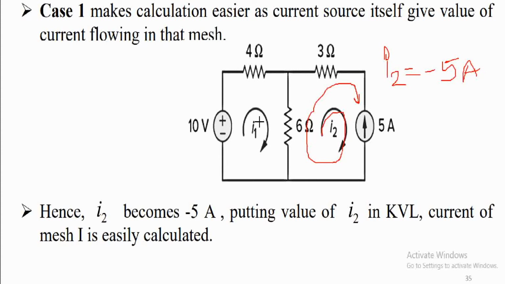And how to find I1? Here it requires KVL because we don't have any current source in this mesh; it has a voltage source. By applying KVL to this circuit, I1 is pointing to the negative terminal of the voltage source.